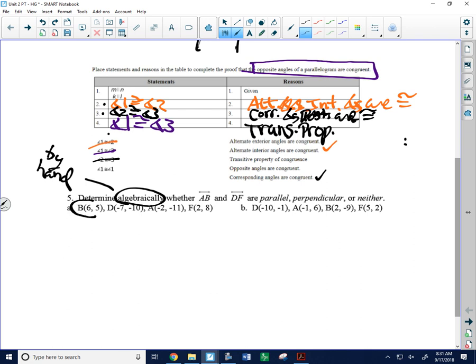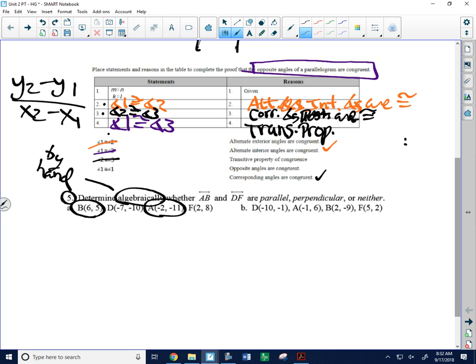First thing I've got to do is find AB and make sure I match up the points. I didn't give them to you in order, so there's AB. Okay, on this question, the slope formula is this, right? Y2 minus Y1.